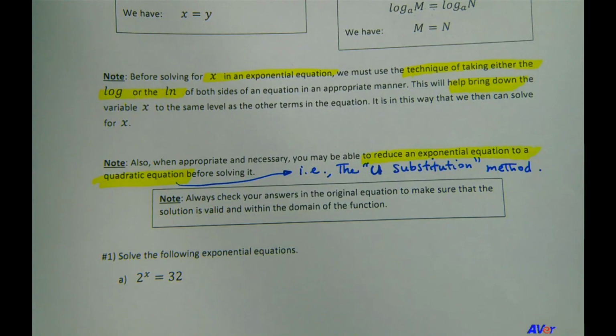The other case where we had to check our answer back in the original equation were the rational equations. Remember when we had fractions? So in that case also we had to check back in the original equation to make sure that the solutions made sense within the original equation.